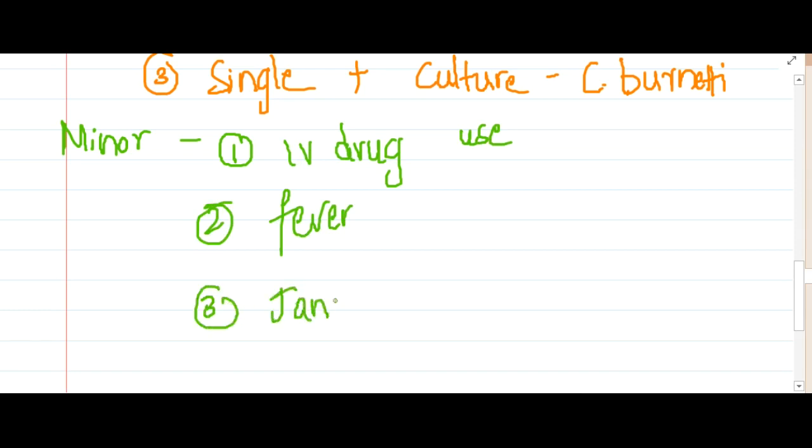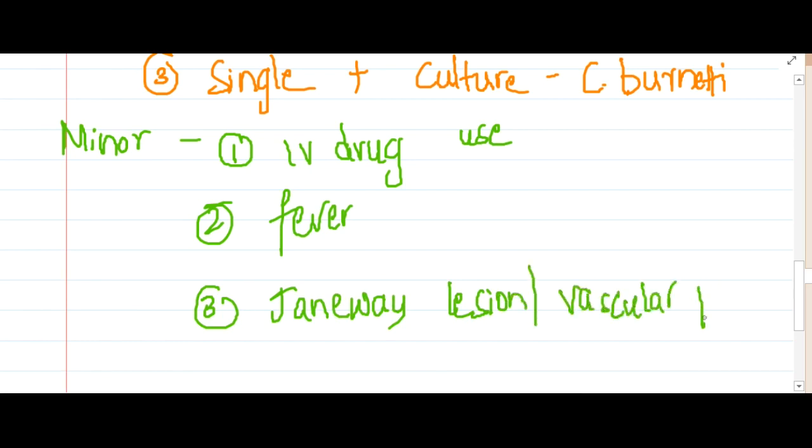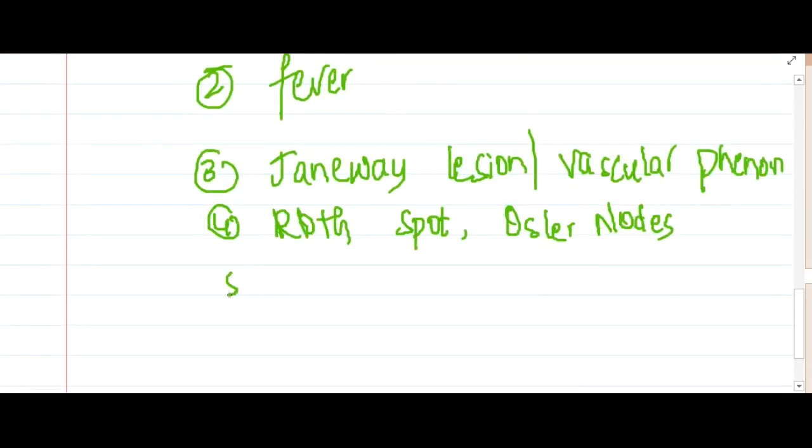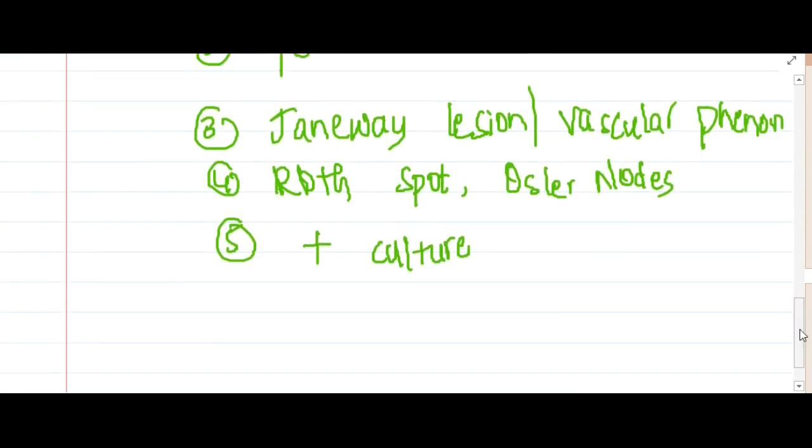Third, presence of Janeway lesions, which point towards the presence of vascular phenomena. Fourth, Roth spots or Osler nodes are seen. And finally, the fifth criterion is the presence of a positive culture. So these are the minor Duke's criteria.